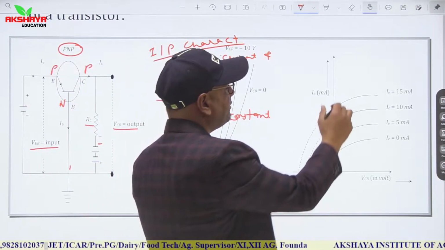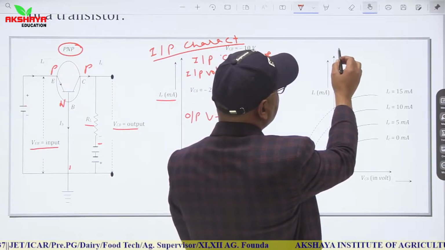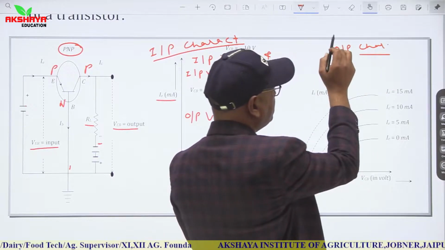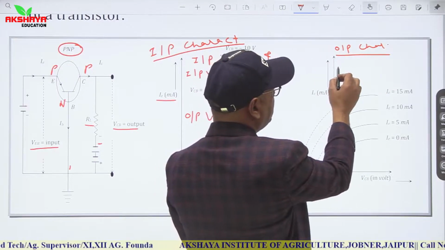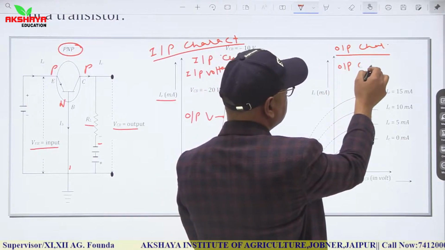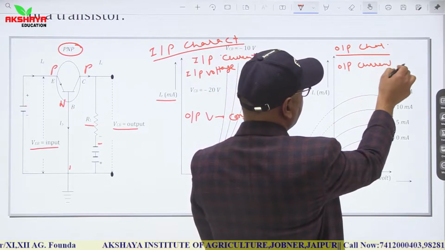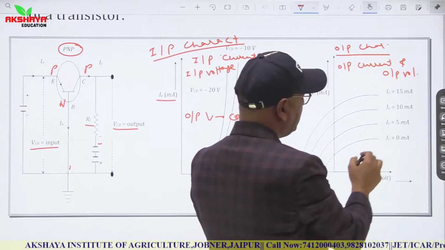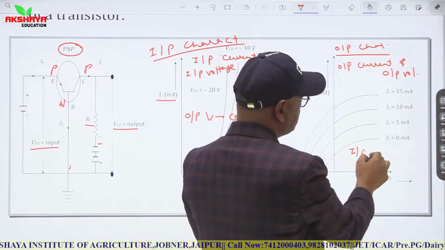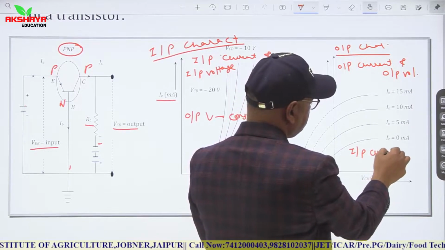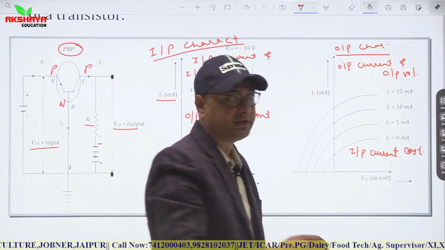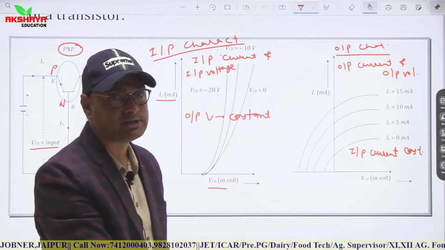While when we plot output characteristics, in case of output characteristics, graph is plotted between output current and output voltage, and input current is constant. Input current is constant, either it is CB configuration, CE configuration or CC configuration.